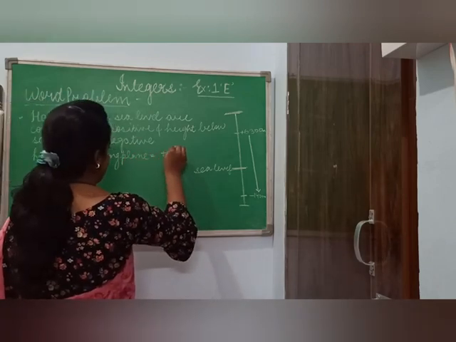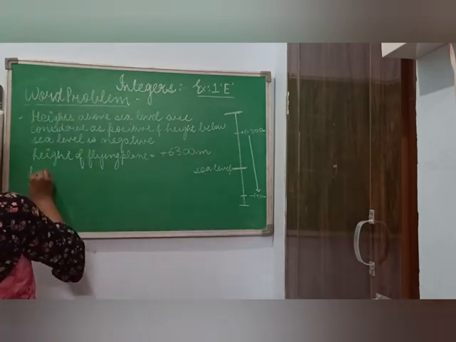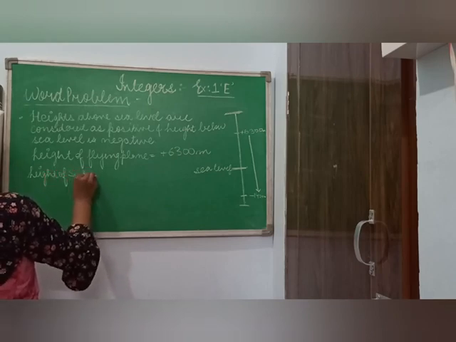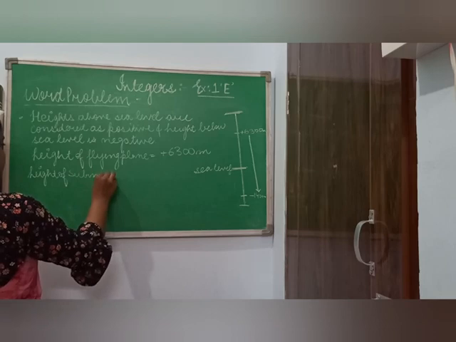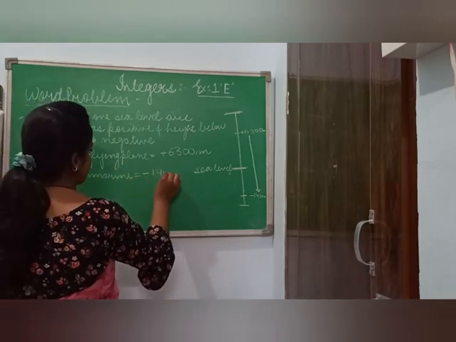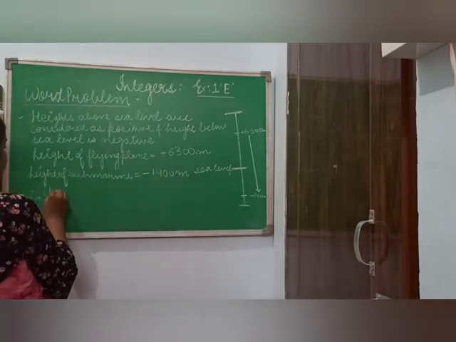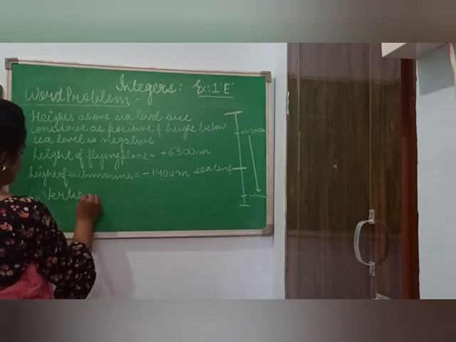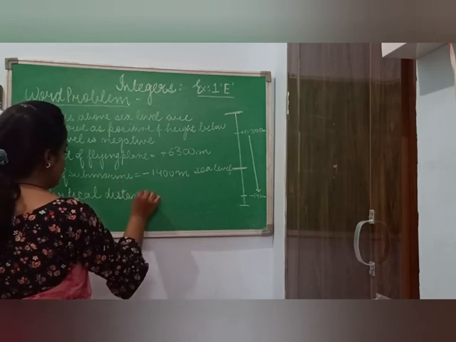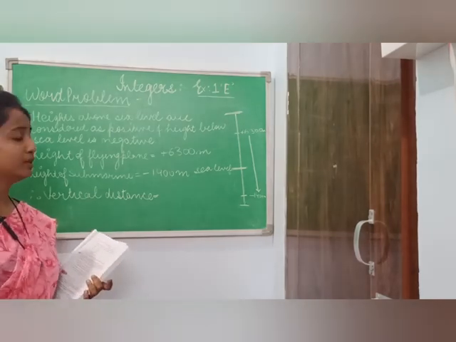Height of flying plane will be plus 6,300 meters, and height of submarine will be minus 1,400 meters. Therefore, for finding out the vertical distance we'll find out the difference of both the given heights.